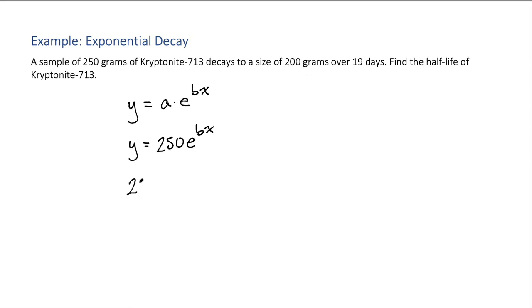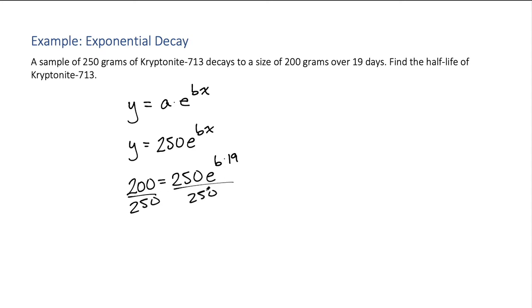So if I plug that in, I get 200 for y. And then I've got my 250 e to the b times x, which we'll say is 19 days. So we're measuring in days here. And now I can solve for b. Well, I can divide both sides by 250.